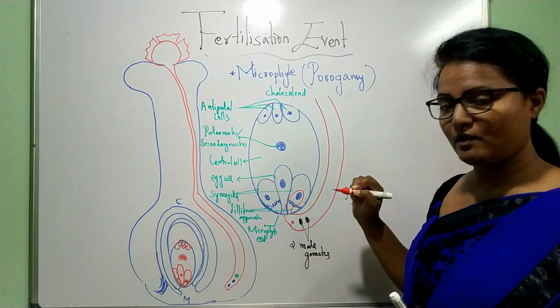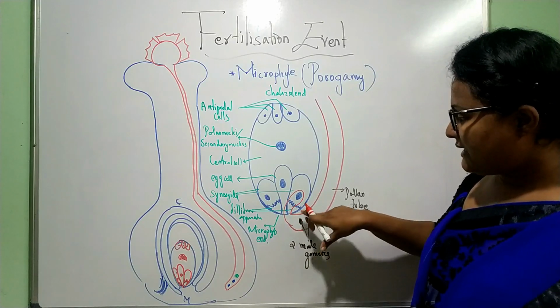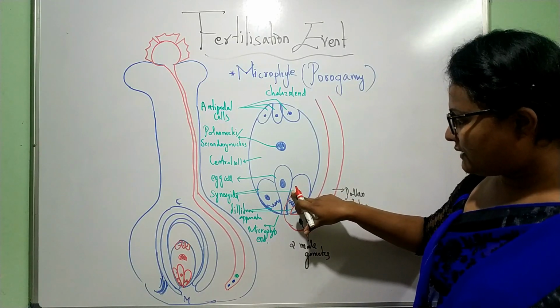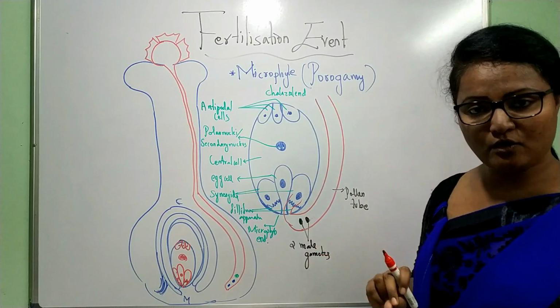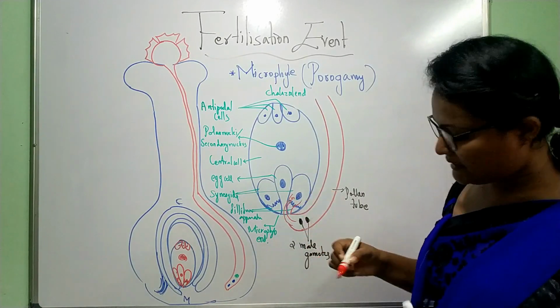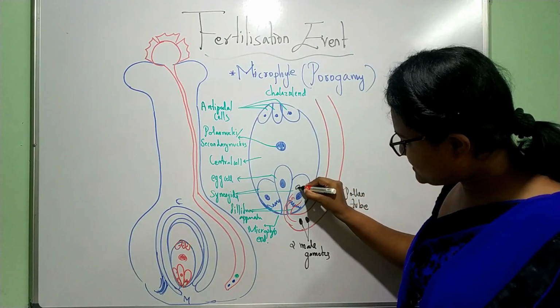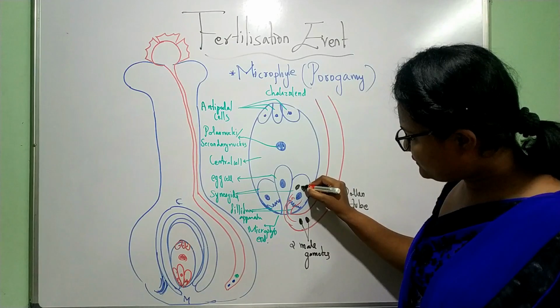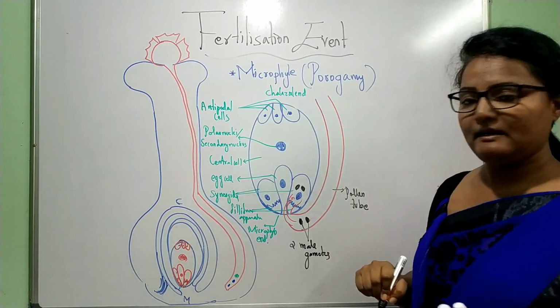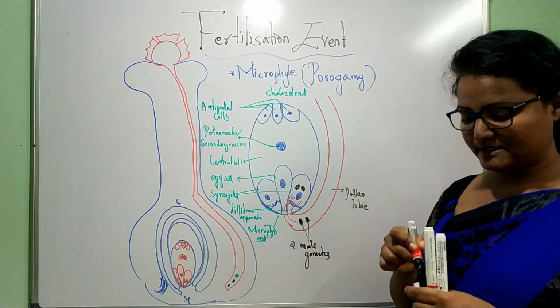The vegetative nucleus helps to degenerate the end of the pollen tube, and the two male gametes travel within the synergids and are deposited in one of the synergid cells.